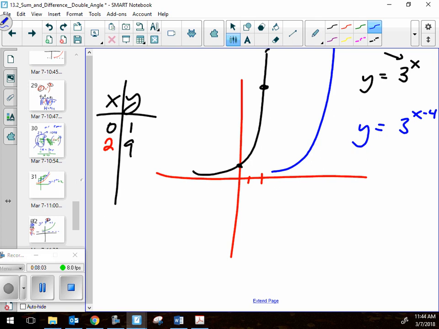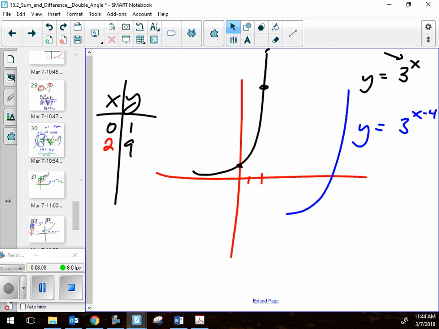Okay, good. Now, what if I actually gave you some points and they were like down here, but I didn't have to change the shape at all? You know what I mean? I didn't stretch it therefore, right?